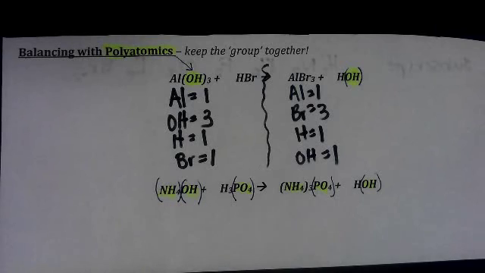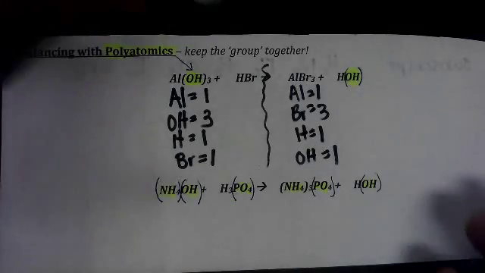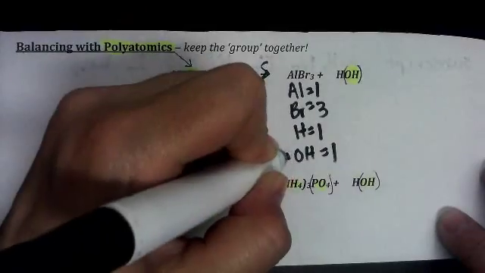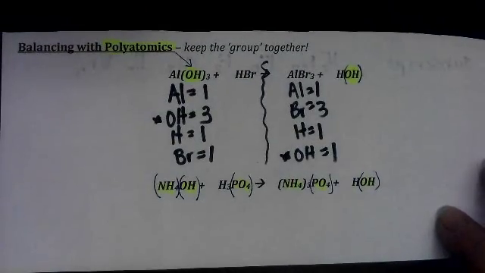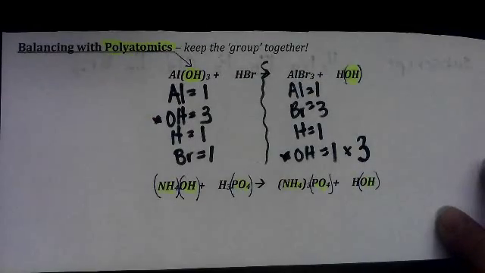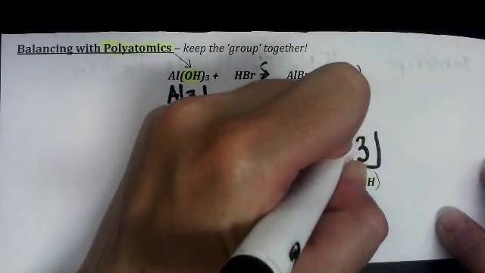So now we need to figure out which part of the equation looks the trickiest to balance. I'm going to start with the OH. So let's look at the OHs. Well, let's take a coefficient of 3 and multiply this side.